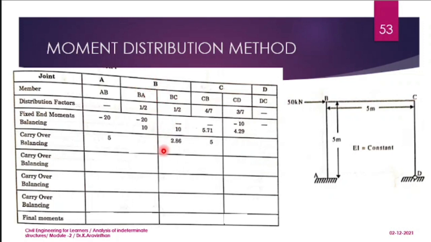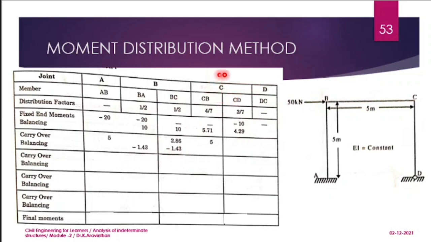At joint B you have 2.86 of moment. You balance by using minus 2.86 into 0.5. What is the value? Minus 1.43, and the same minus 1.43 will be there.